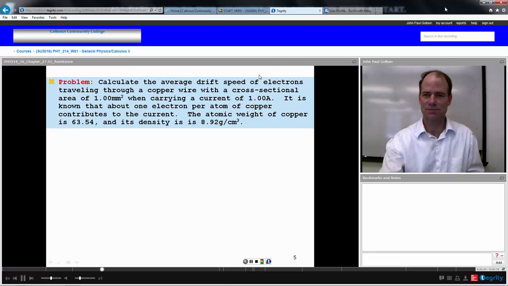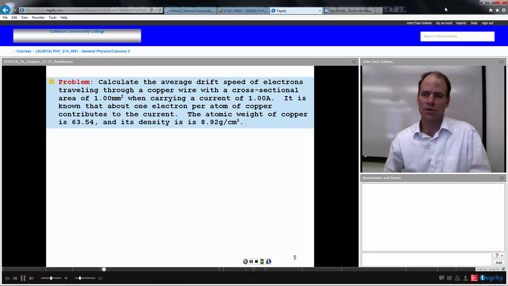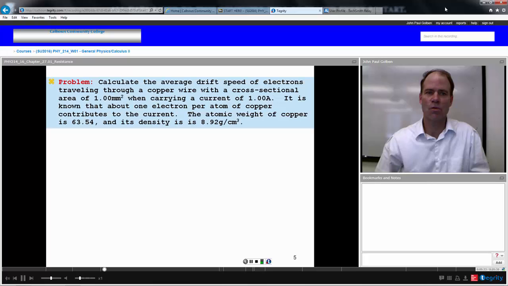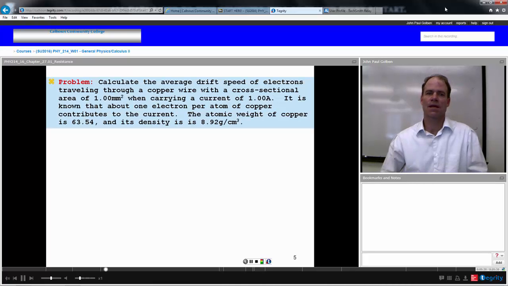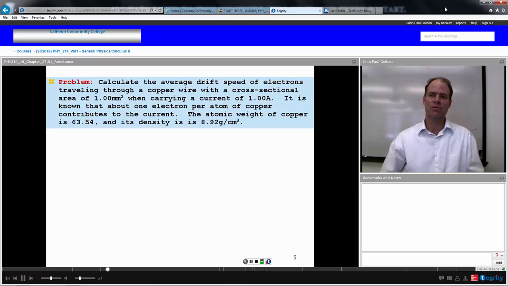Consider this. Calculate the average drift speed of electrons traveling through a copper wire with a cross-sectional area of 1 square millimeter when carrying a current of 1 amp. It is known that about 1 electron per atom of copper contributes to the current. The atomic weight of copper is 63.54 grams per mole, and its density is 8.92 grams per cubic centimeter.